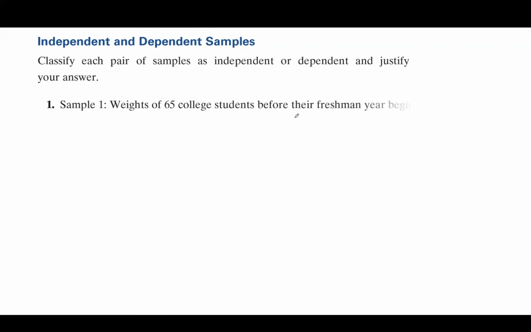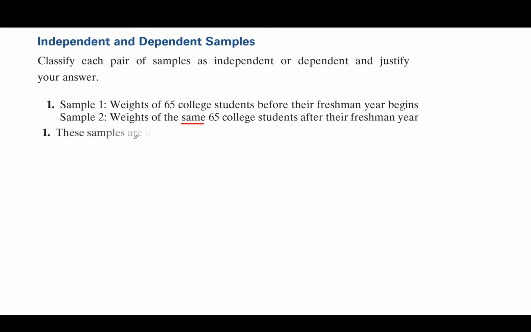We're going to classify samples as independent or dependent, and then justify why we came up with that dependent or independent relation between samples. For example, sample 1 is the weights of 65 college students before their freshman year begins, and the second sample is the weights of the same 65 college students after their freshman year.